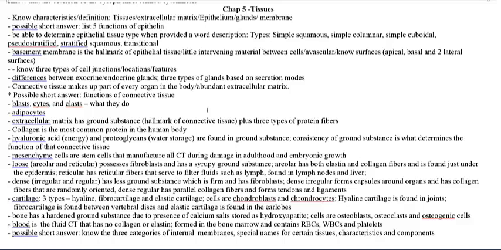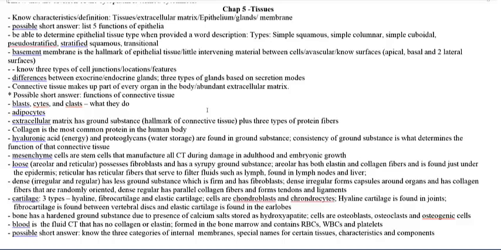We can classify glands based on their secretion modes. If they're merocrine glands, they release their products through exocytosis into the duct and onto the free surface. The second type is exactly the same way, called apocrine glands. But because the type of secretion product is different, we're going to keep them separate.